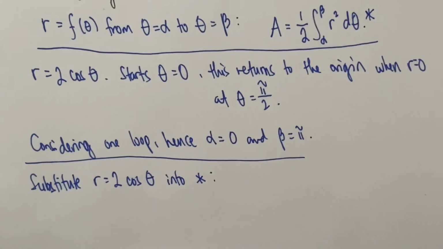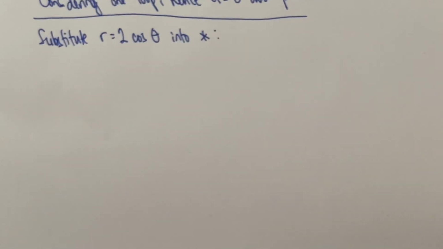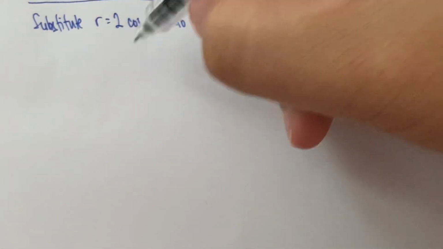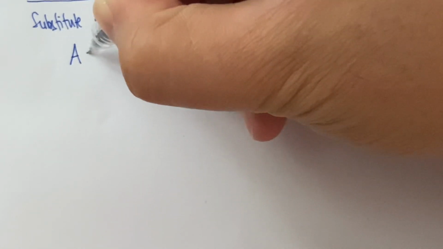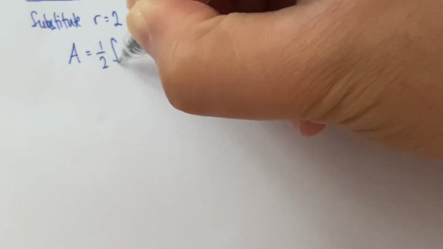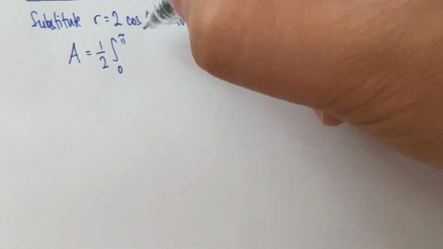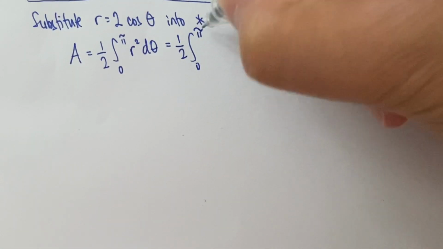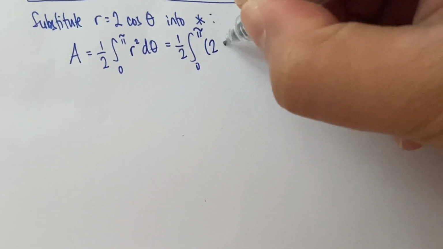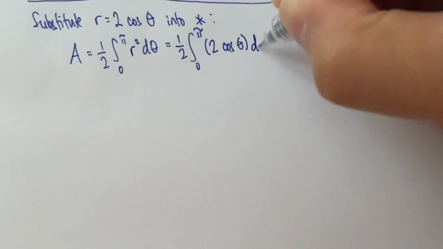So what we have is A equals 1/2 the integral from 0 to pi of r squared d theta, since our r is 2 cosine theta. That becomes 1/2 the integral from 0 to pi of 2 cosine theta d theta.